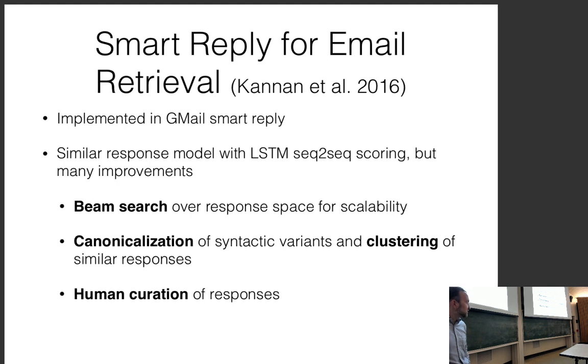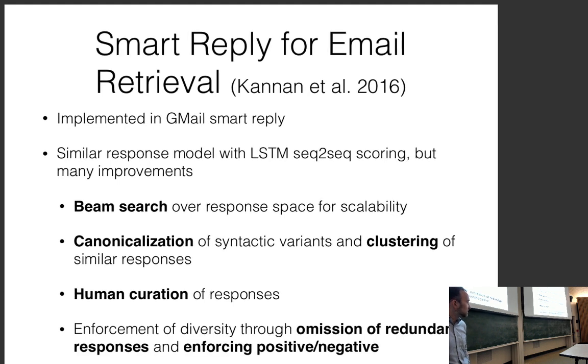They have human curation of the responses, as I said, to prevent Google from getting in trouble. And they enforce diversity through omission of redundant responses. So they don't output anything that's in the same cluster, because they only have 3 responses and they want to make sure all of them seem good. Also, anytime they output something that's either positive or negative, they also output a negative thing.